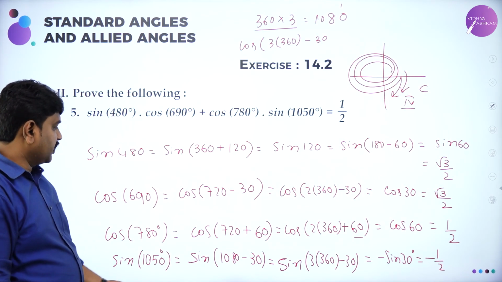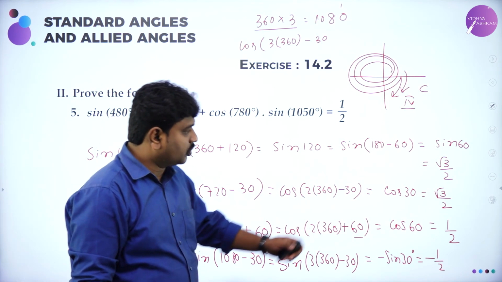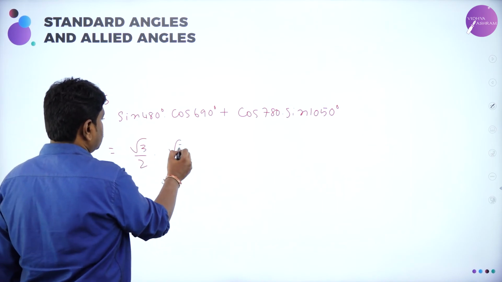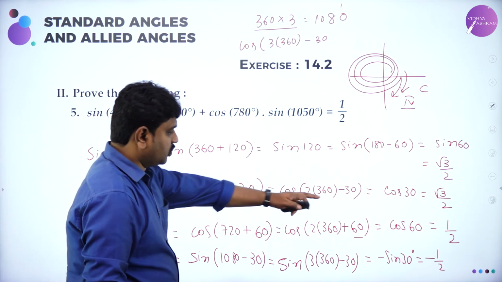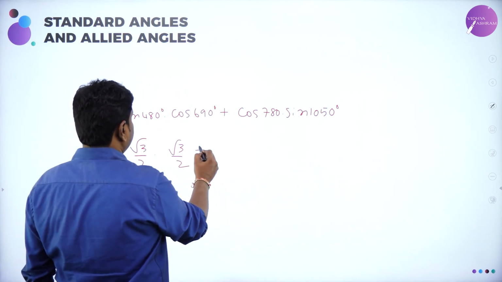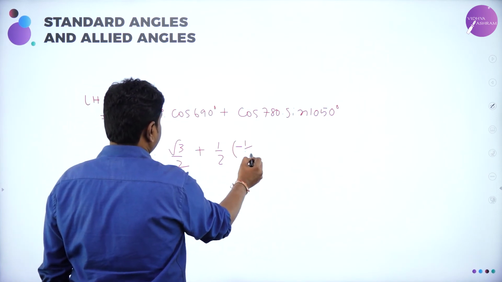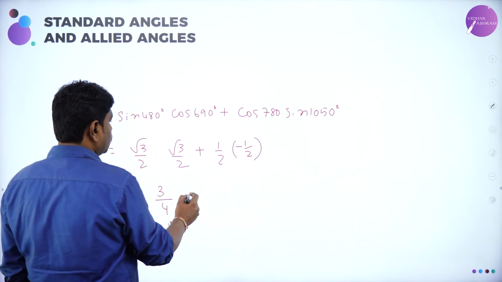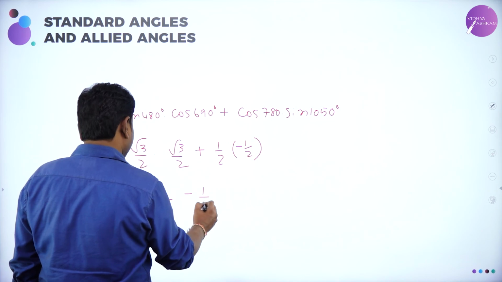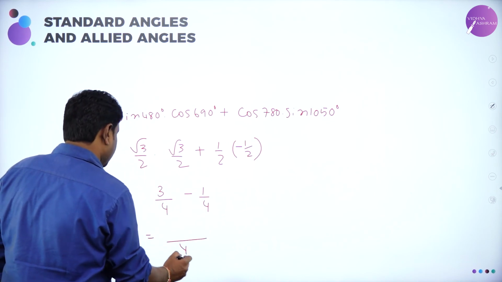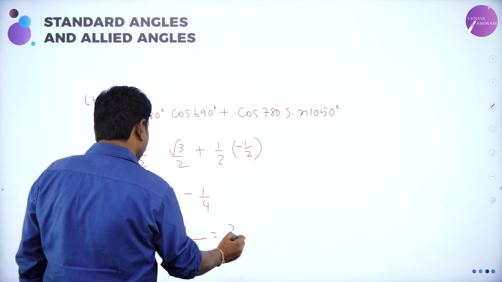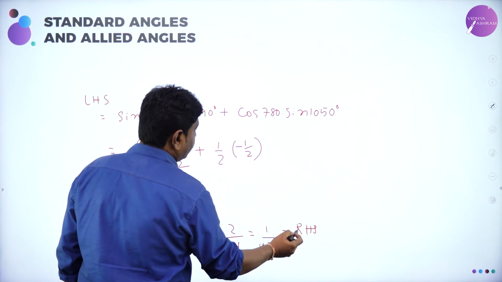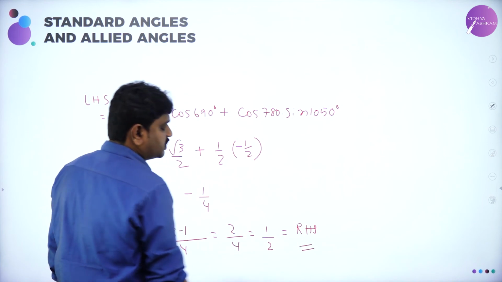Root 3 by 2 for the first, root 3 by 2 for the second, and the other two, half and minus half. So plus half into minus half. Root 3 by 2 times root 3 by 2 becomes 3 by 4, and then minus 1 by 4. 3 by 4 minus 1 by 4, if I take LCM, 3 minus 1, 2 by 4. What is 2 by 4? 1 by 2. This is your RHS if you verify. RHS is 1 by 2, we got it, hence the proof.